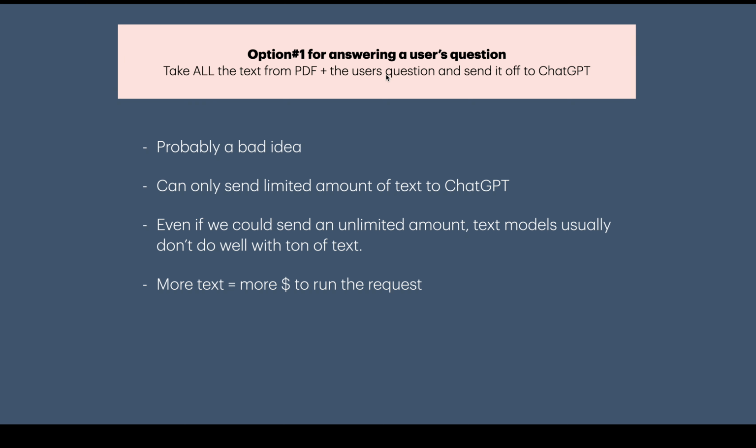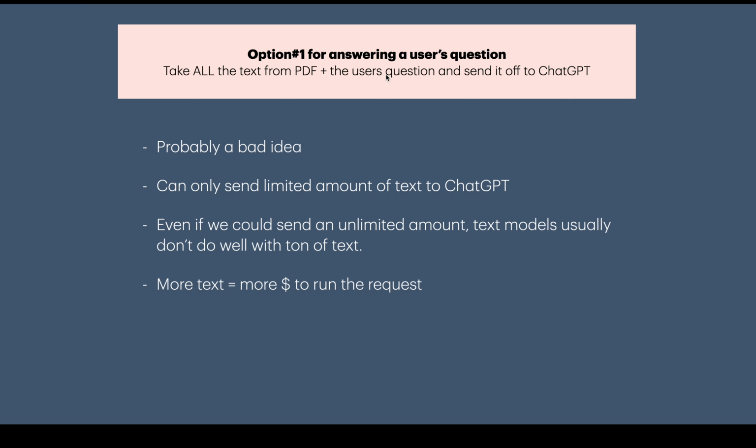So shorter messages are almost always better. And finally, the more text we send to ChatGPT, the more money we have to pay for each individual request. At some point, it is really just a financial issue. We don't want to pay ChatGPT tons and tons of money just to answer a few basic questions from a PDF. So obviously option number one is not that great.